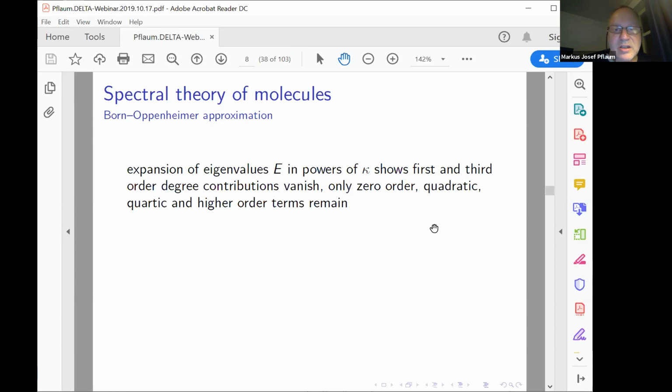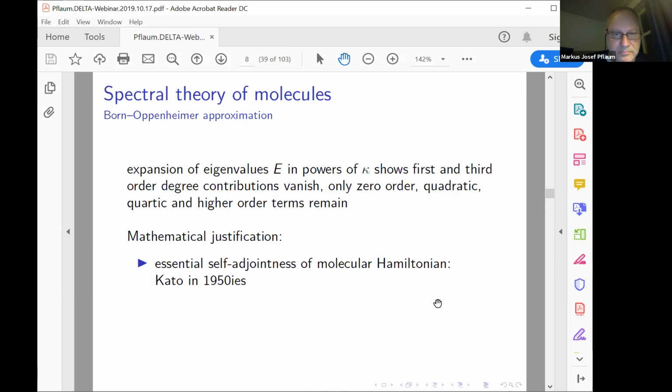I'm not 100% sure, but I think they computed the zeroth, quadratic, and quartic orders, and the higher ones were correction terms which they didn't compute. But this was extremely difficult and very powerful.